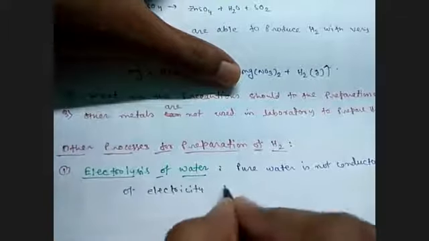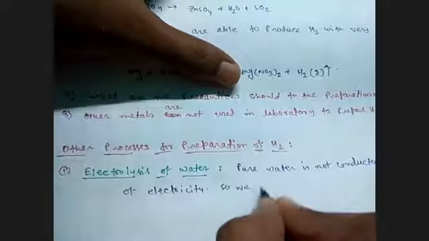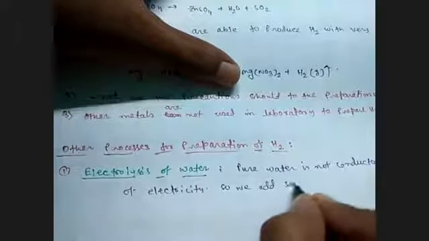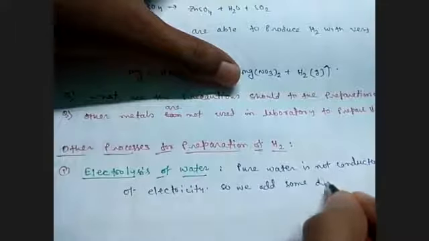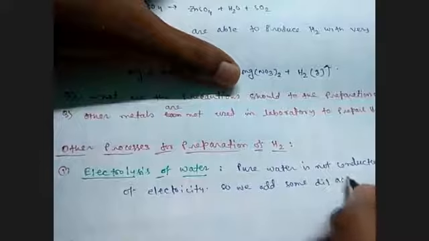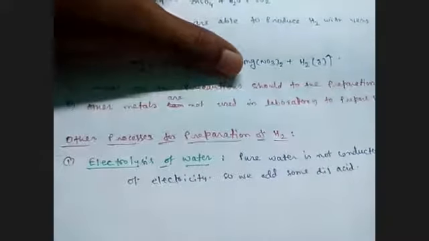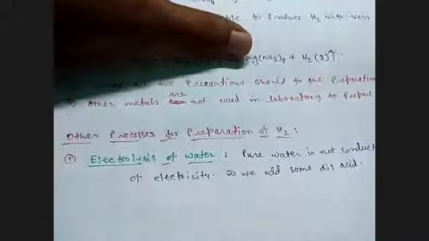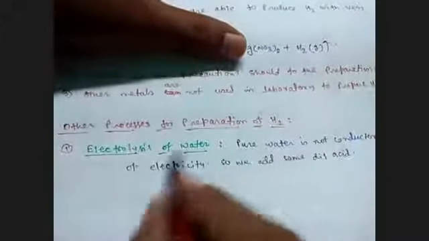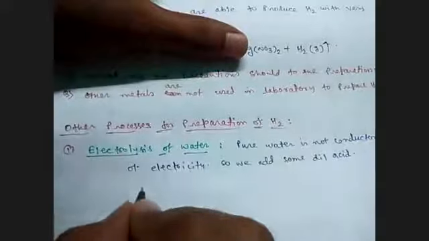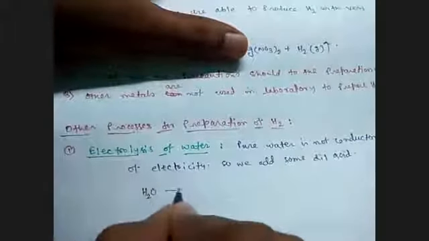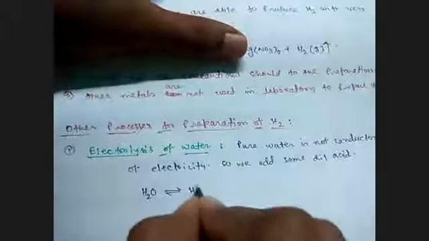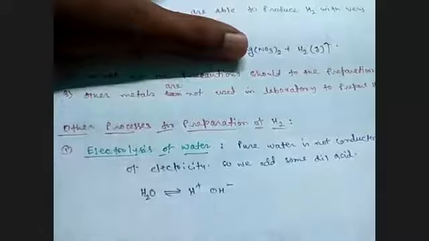So we add some dilute acid, H2SO4 or HCl. Now, on passing electricity through this acidic water, water will be decomposed like this: H plus and OH minus.